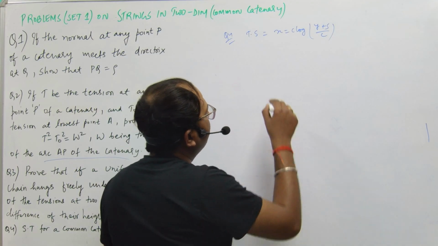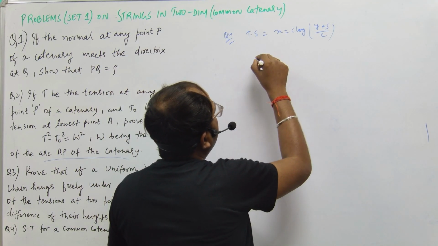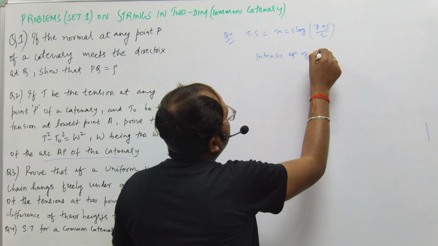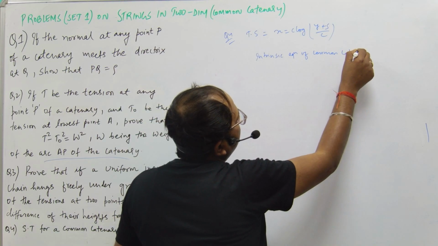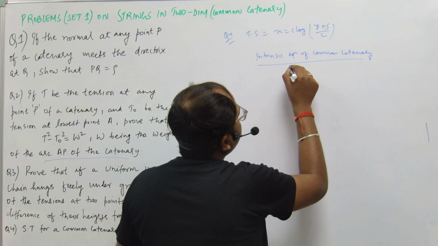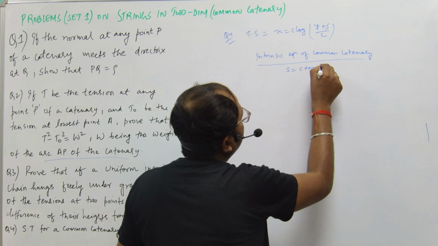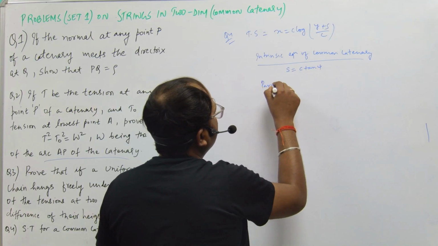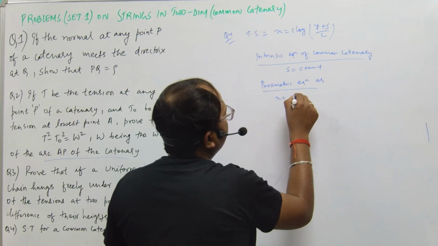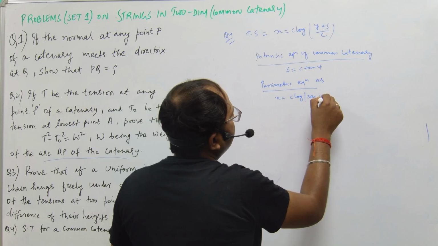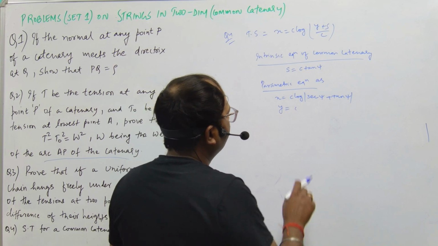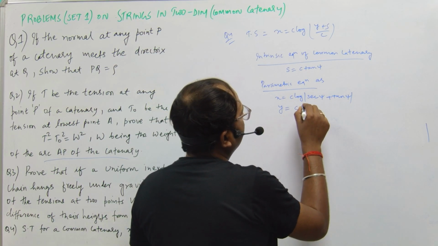We have the intrinsic equation of the common catenary as s is equal to c tan psi, and the parametric equations as x is equal to c log (sec psi plus tan psi), and y is equal to c sec psi.